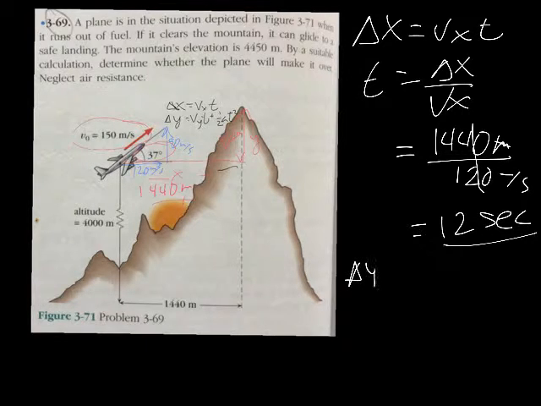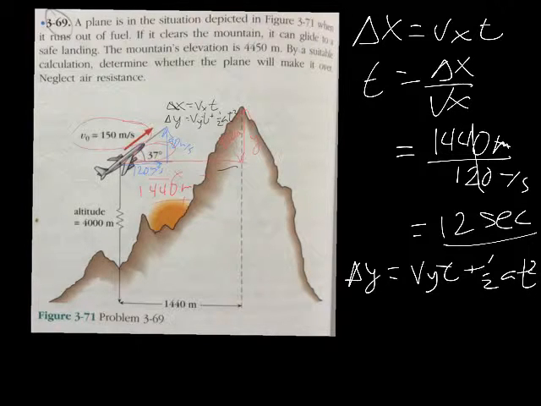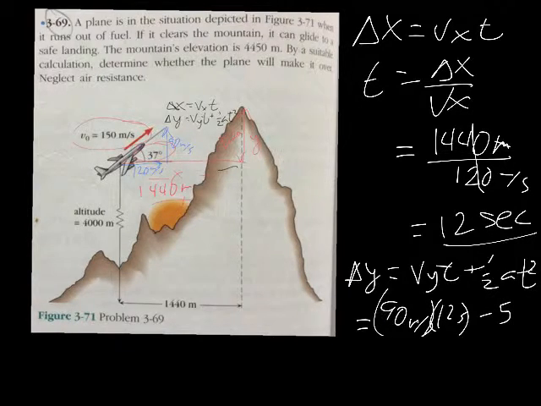Then I say delta Y is equal to Vy t plus 1/2 a t squared. All I'm doing now is calculating Y and plugging it in, then comparing that to the 450 meters. So this is going to be 90 meters per second times 12 seconds, minus, and I'm just going to use 5 to make my life easier, 5 times 12 squared.